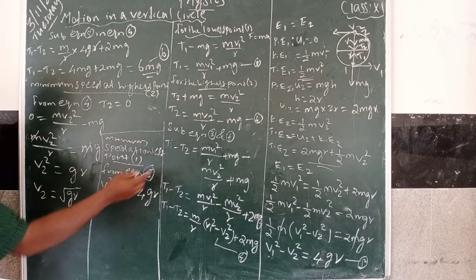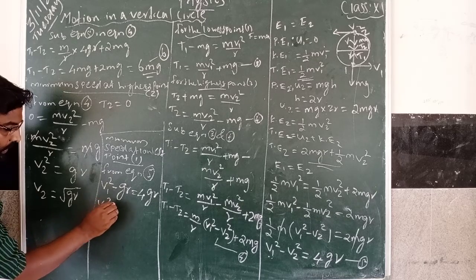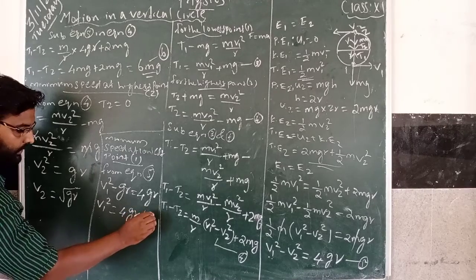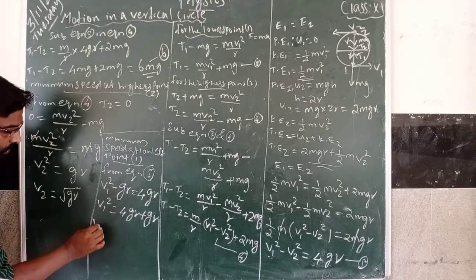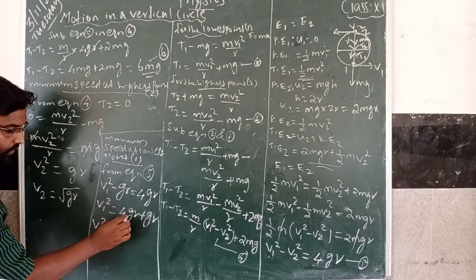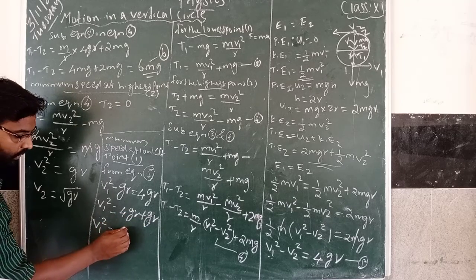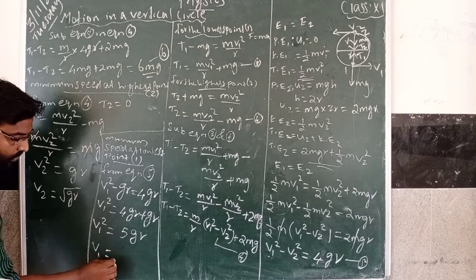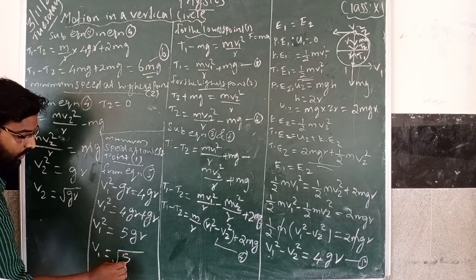Now minus gr, take that to the other side. So V1 square is equal to 4gr plus gr, that is 5gr. So V1 is equal to root 5gr.